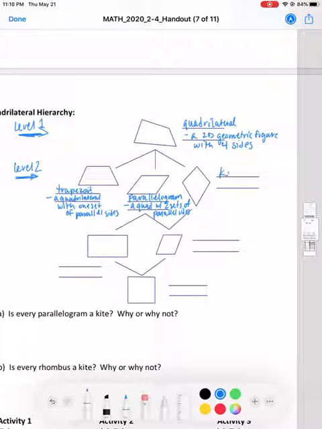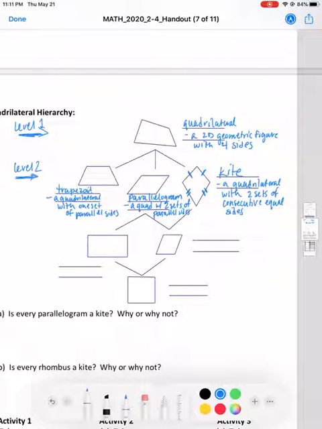So it's a kite. A kite is a quadrilateral with 2 sets of consecutive equal sides. I use the word consecutive because they're in a row. So here's one set of equal sides right here as we go around clockwise. Here's the other set of equal sides here. That's its distinguishing feature.